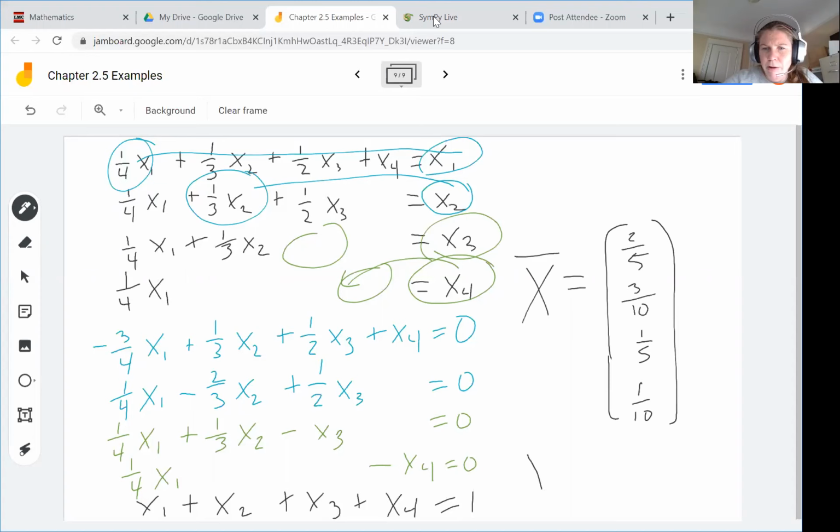Or you could, in decimal form, say 0.4, 0.3, 0.2, and 0.1 as our solutions. So that is the process for finding the steady state matrix for a stochastic or Markov matrix P.